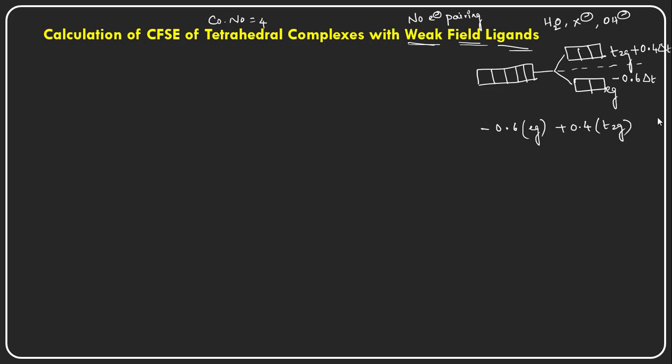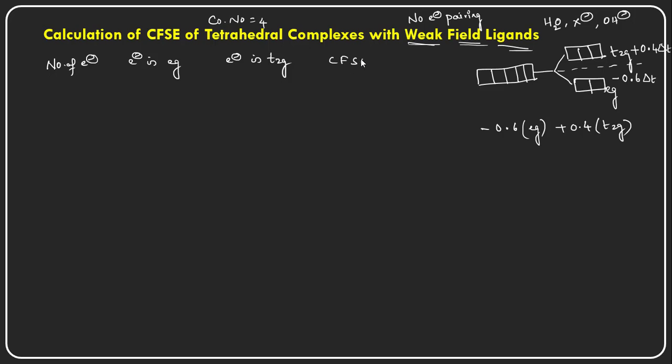So here I'm writing the number of electrons present in the d orbitals, the number of electrons present in Eg orbitals, the number of electrons present in T2g orbitals, and the crystal field stabilization energy values.